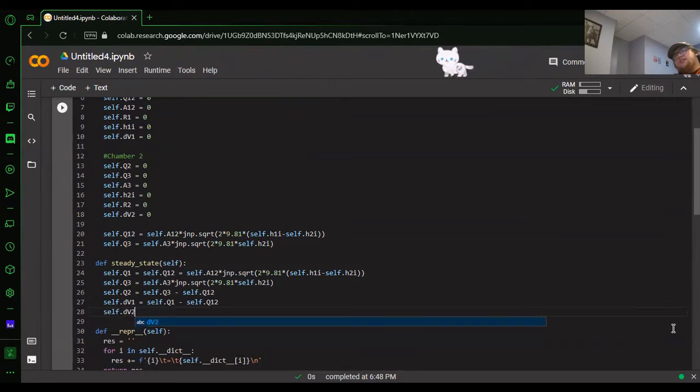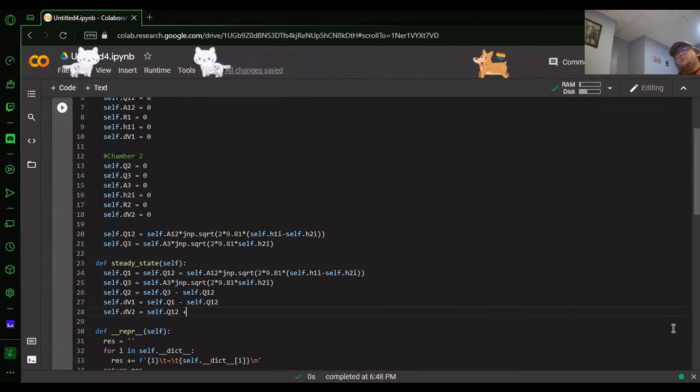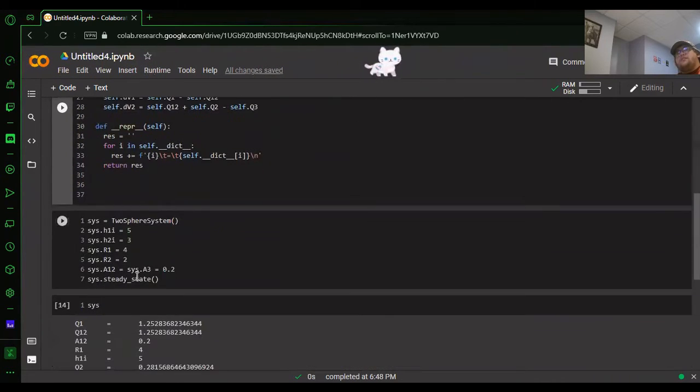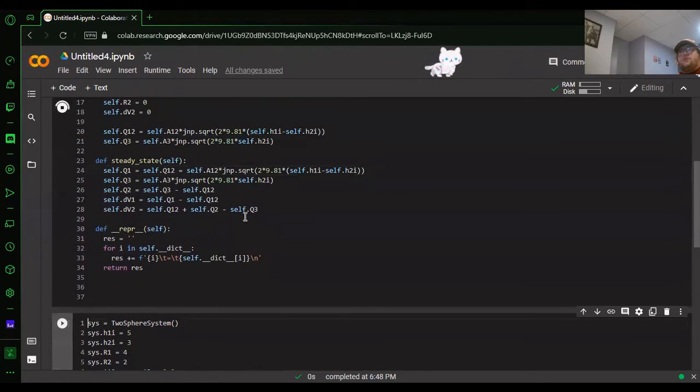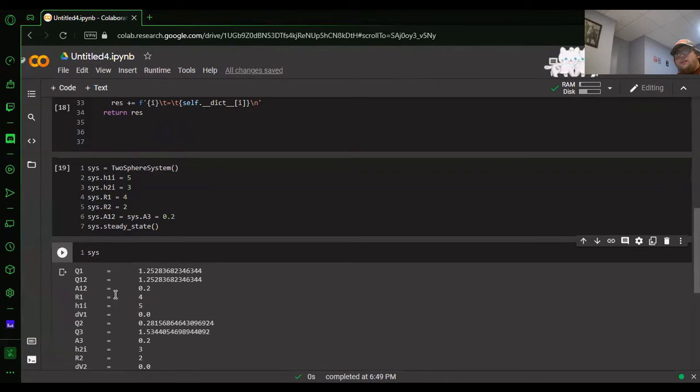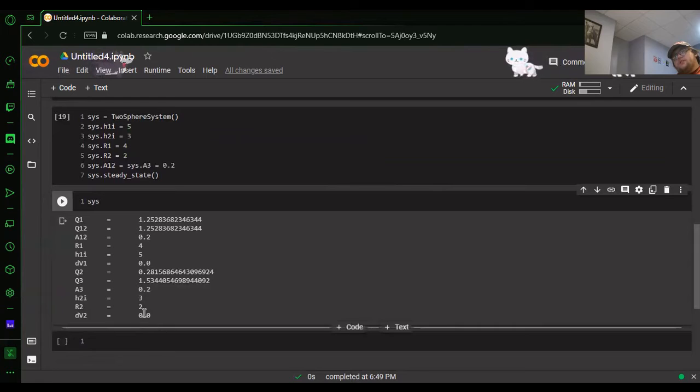Our change in volume in the second tank is Q12 plus Q3 minus Q3. That is supposed to be Q2. I promise I can read. All right, so if we rerun that, get it to steady state, you notice down here dV1, 0, dV2, 0. So we are at steady state.